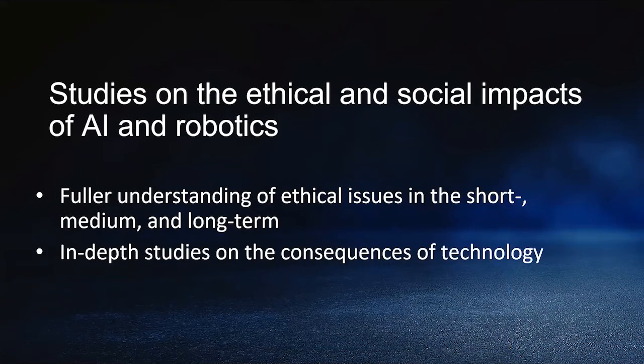And then finally, the studies on the ethical and social impacts. Here also we worked on methods for doing so, and we developed studies that did foresight and social impact assessments of AI and robotics, followed by an extensive ethical analysis.